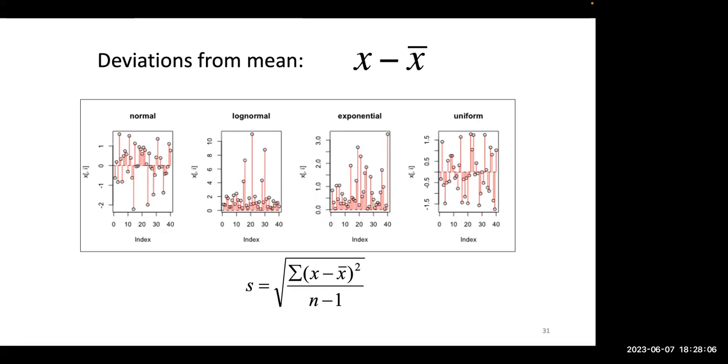under the assumption it's a normal distribution, that if you add one standard deviation to your mean and subtract one standard deviation from your mean, within plus one and minus one standard deviation you have 68% of your data.